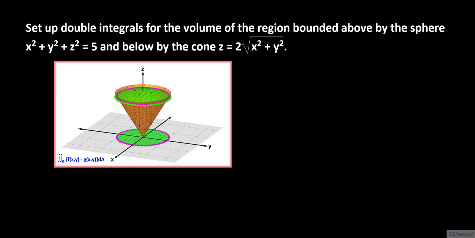The interior and the boundary of the circular region on the xy plane is the projection of the solid on the xy plane. We must examine the solid's projection on the xy plane to determine the inequalities corresponding to the limits of integration for the element of area dx dy.